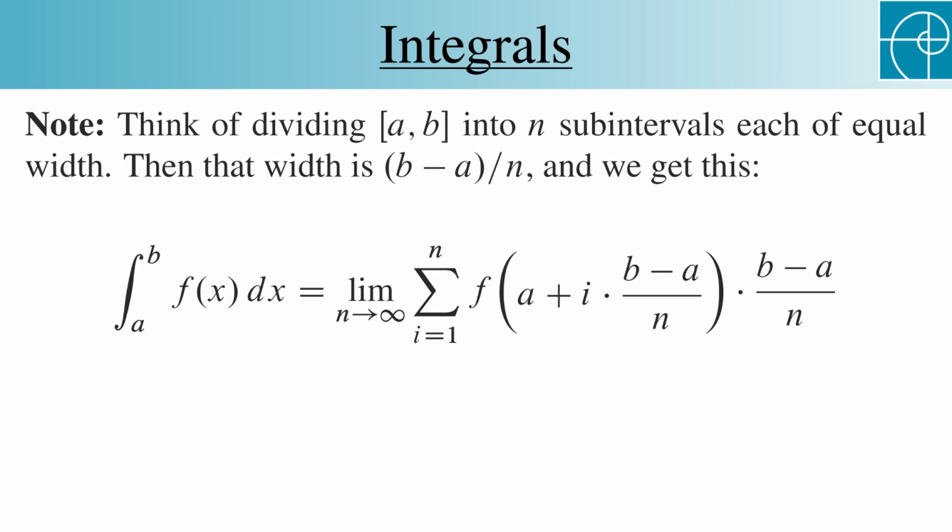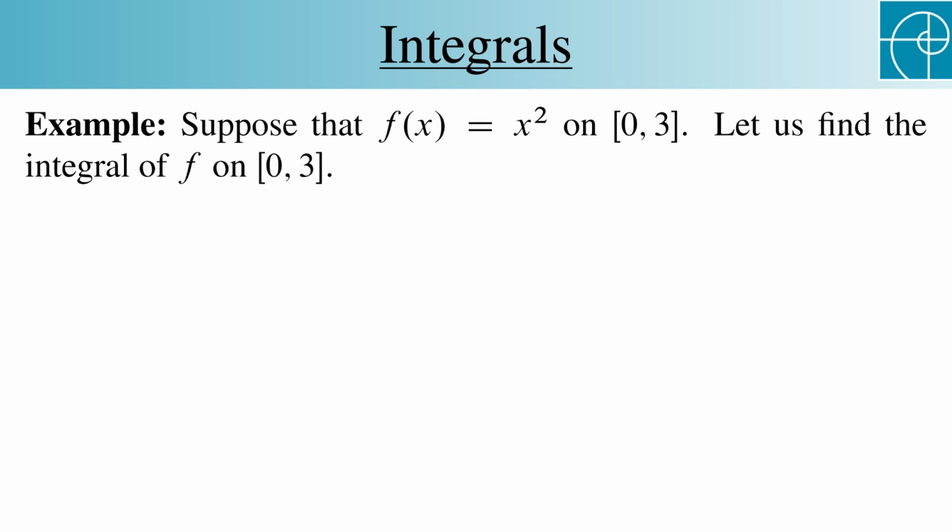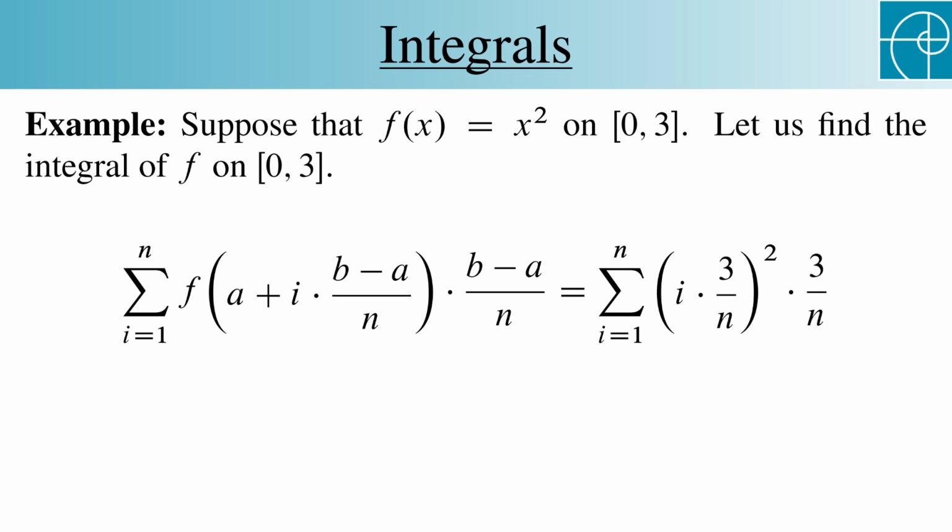Let's look at an example. Suppose that f of x equals x squared on [0,3]. Let's find the integral of f on [0,3]. We'll first do some work to simplify the expression within the limit. First, replace a and b with 0 and 3, and then simplify this expression by pulling out everything that doesn't involve an i.